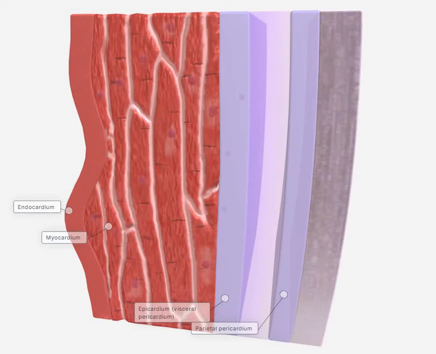And we want our heart to stay in that position, and the purpose of the fibrous pericardium is to achieve that role. It is to keep the heart fixed, and the fibrous pericardium is connective tissue that basically attaches to the diaphragm among other structures and keeps the heart in a fixed position.